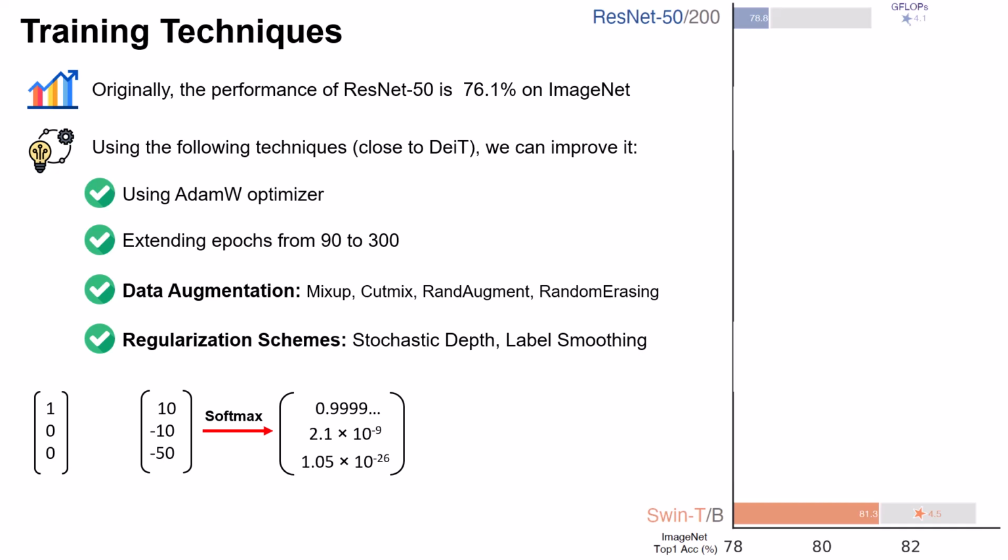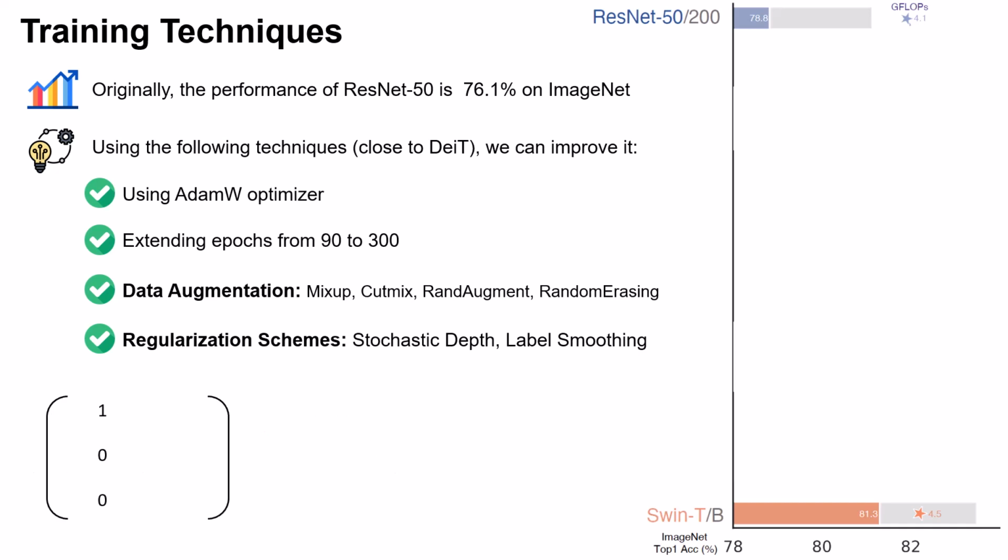So label smoothing says, assuming that this is our label vector, what we do is that we subtract from element 1 a value of alpha, which is a hyperparameter, and then we distribute this value over the other elements. So it would be plus alpha over 2 for the other two elements.